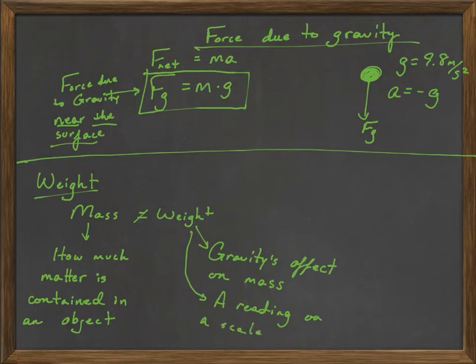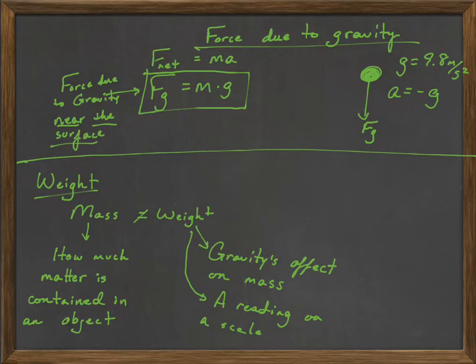Here's what we mean by that. If you stand on a bathroom scale and it says that you have a weight of some number, say 100 pounds, then if you were to take your hands and push yourself up on the table, that number decreases. Your mass hasn't changed, the force due to gravity hasn't changed, but how much you're pushing down on the scale has changed. And so effectively the weight measurement has changed.